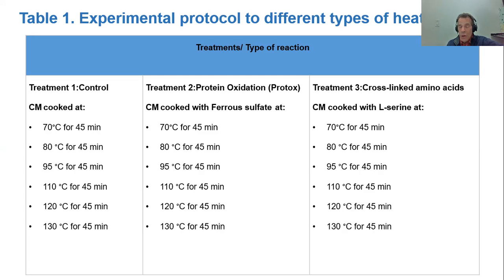She wanted to stimulate protein oxidation, so she added ferrous sulfate, iron +2, into the mixture, which would promote free radical formation through the donation of an electron by ferrous +2. And she also stimulated cross-linking of amino acids by adding L-serine, which will decompose into dehydroalanine, and treated the chicken meat powder the same way at increasing temperature.